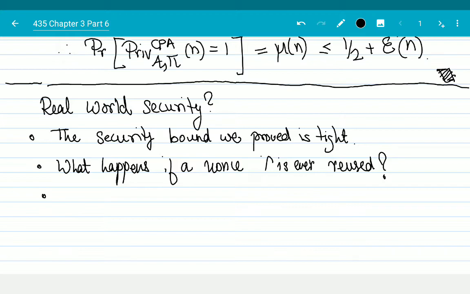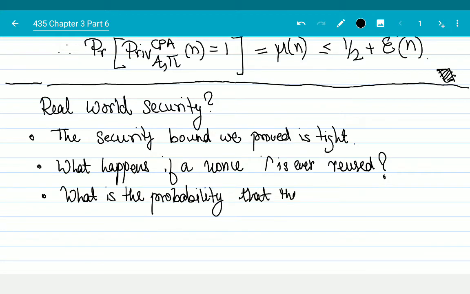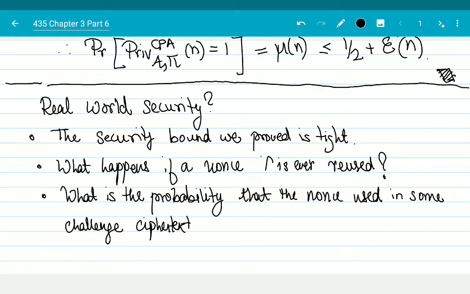What is the probability that the nonce used in some challenge ciphertext is also used for some other ciphertext?